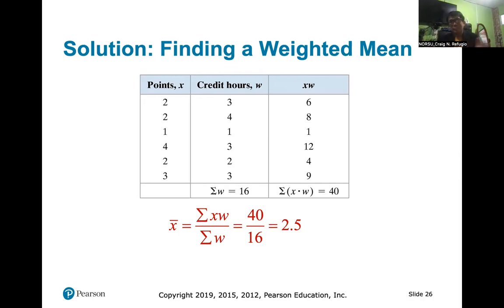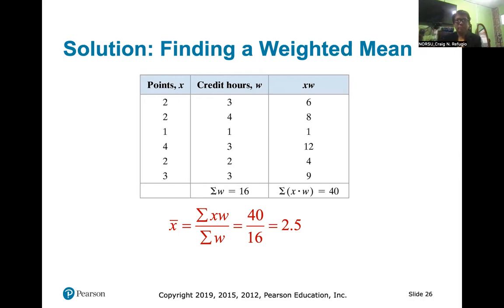And then the activity for this: I want you to get a copy of your second semester grades from last year. Get a copy of that and try to manually compute your weighted mean, or the GPA. We call it the GPA.